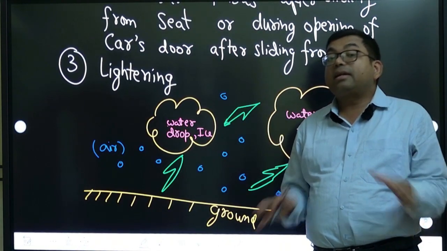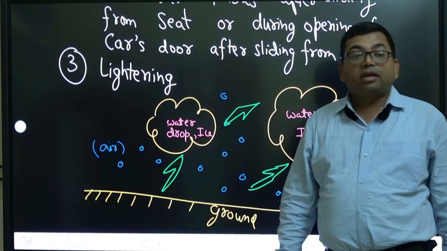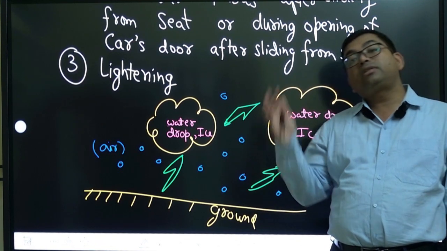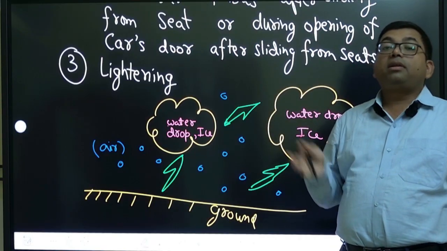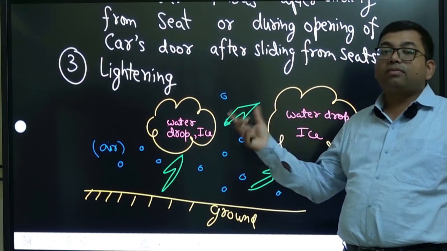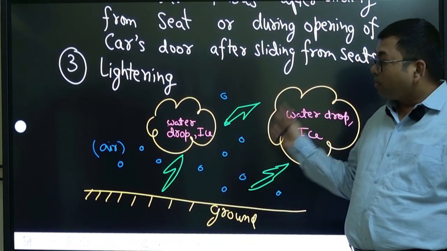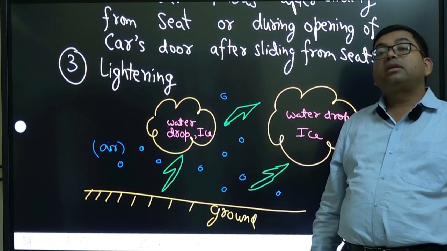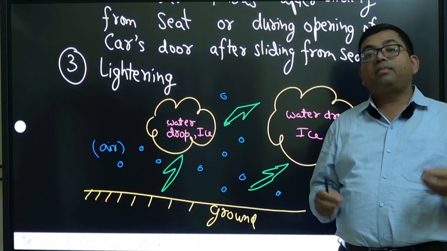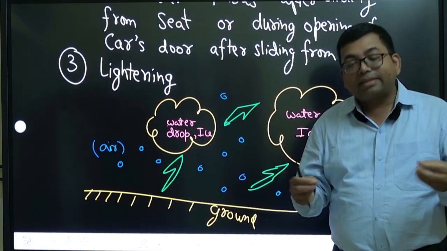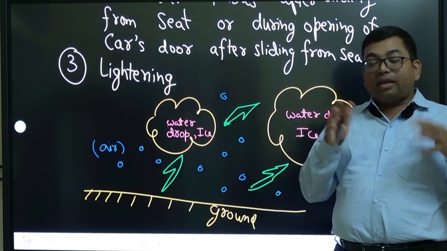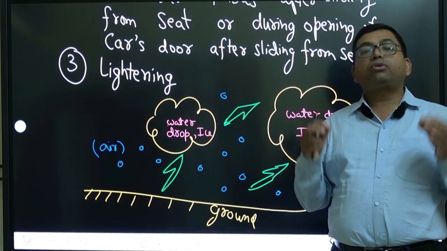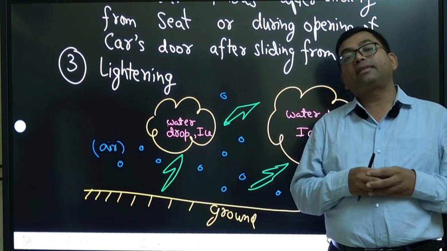So because air is bad conductor, current cannot flow between these charged bodies, but because of very high potential difference which goes into 10 to the power 6, even million volt potential difference happens, and because of million volt potential difference, the air between these charged bodies becomes ionized, or that is called dielectric breakdown of the air. So air which is made up of the gases, it becomes ionized because of very high or very strong potential difference or very strong electric field.